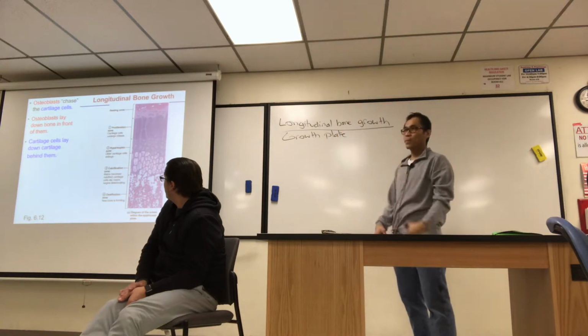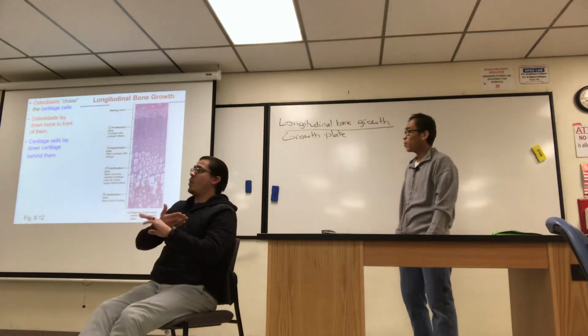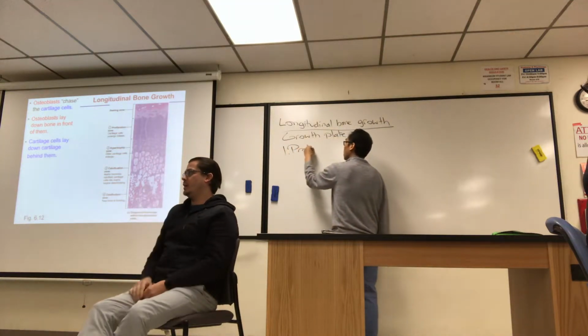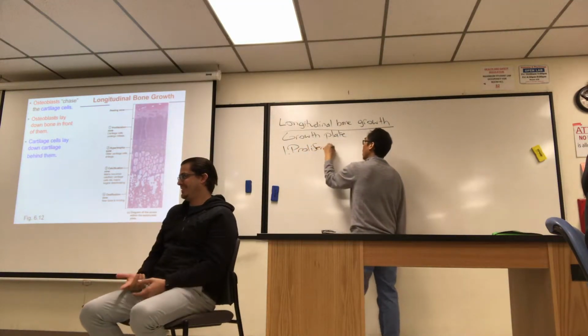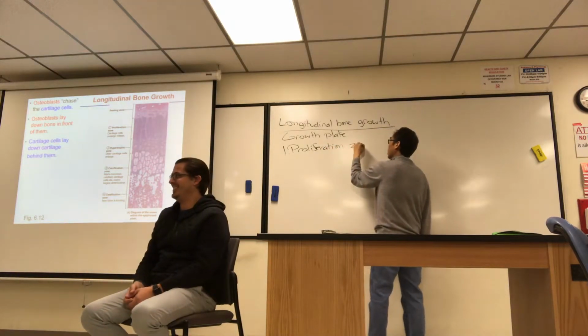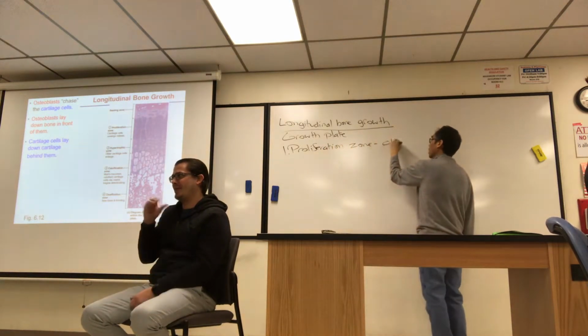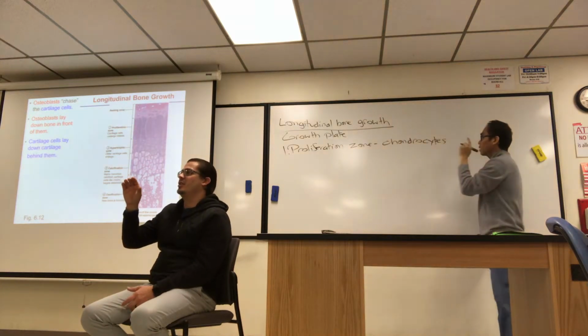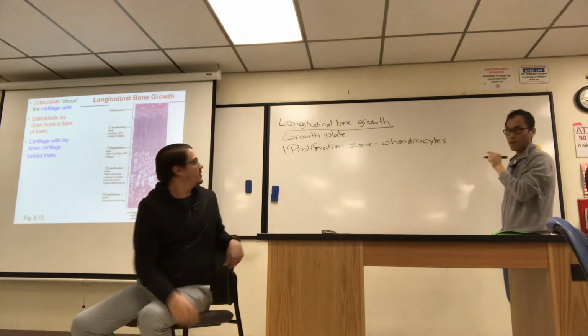This is prior to bony fusion. What's happening in a growing boy? Top zone, proliferation zone. Chondrocytes. Remember, these are our cartilage cells undergoing mitosis.